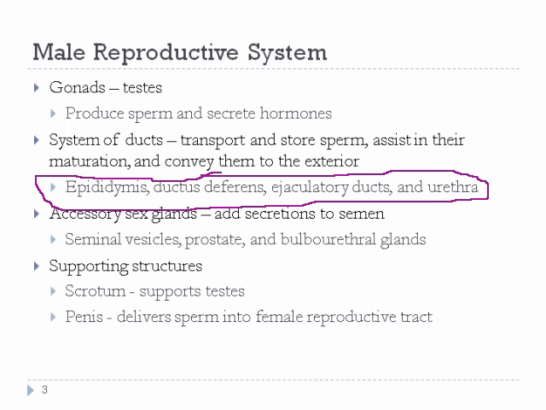These 4 segments of the ductal system show in order the ducts that sperm go through after they develop into actually sperm or spermatozoa. They do that developing in the seminiferous tubules in the testes, and then they go into the epididymis, and then the ductus deferens, or the vas deferens, into the ejaculatory duct, and then through the urethra.